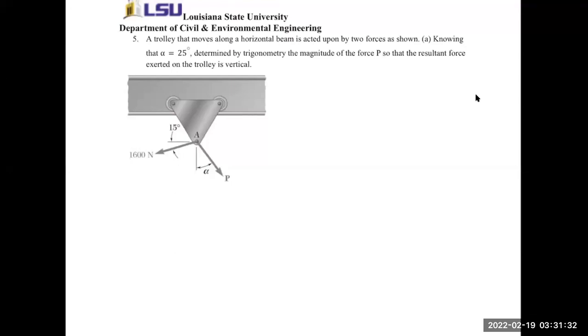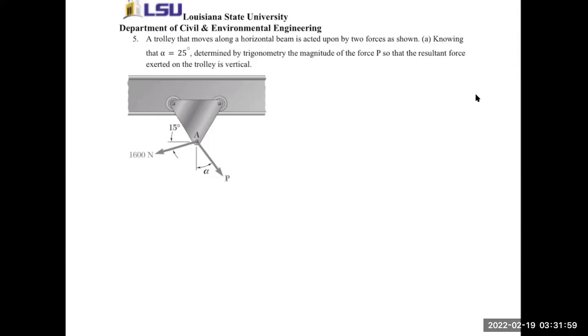Problem 5 says a trolley that moves along a horizontal beam is acted upon by 2 forces as shown. Knowing that alpha is equal to 25 degrees, determine the magnitude of the force P so that the resultant force exerted on the trolley is vertical. Okay, so this is a 2D vector problem, parallelogram law problem.